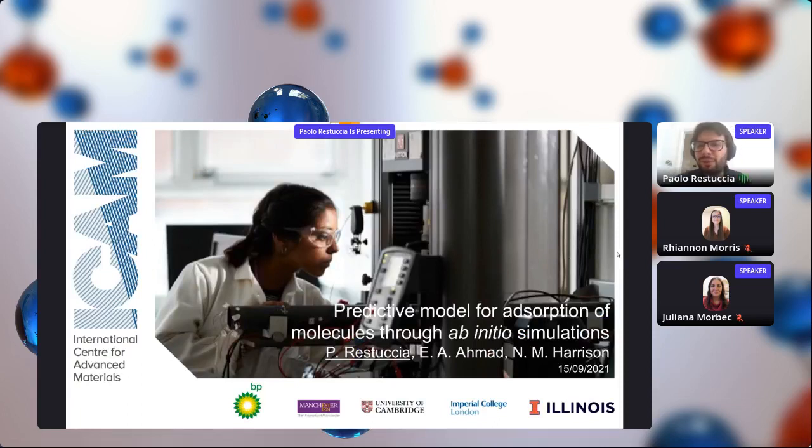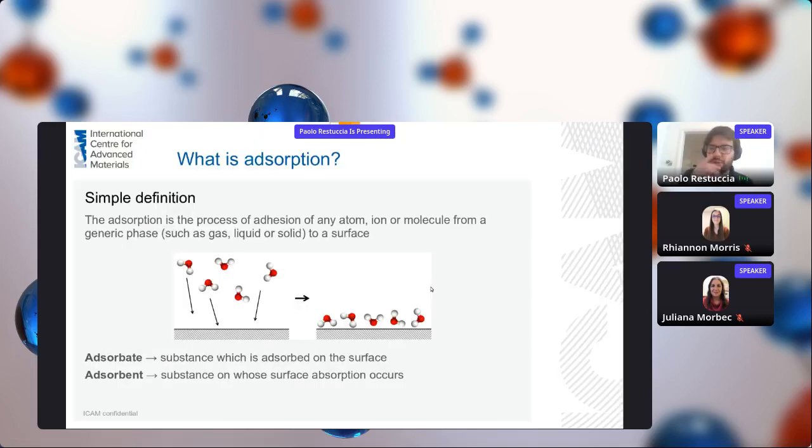I'm Paolo Restuccia, and I will talk about the creation of a predictive model for molecular adsorption through ab initio simulations. So just to give you a brief introduction about adsorption, the adsorption of molecules, atoms, and ions is a process that involves the addition of these components from a generic phase that could be either a gas, liquid, or solid phase to a specific surface.